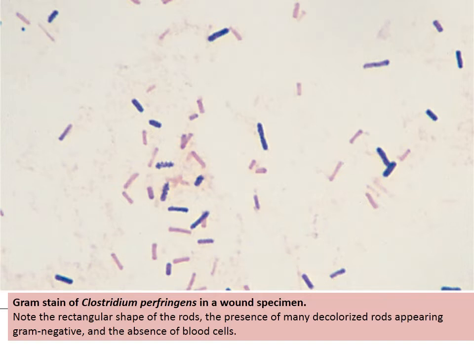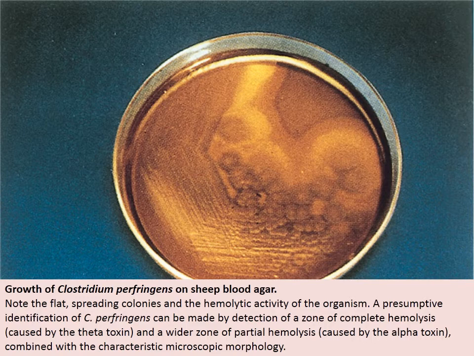So what do we do? We need to culture it. You can see over here we culture on sheep blood agar, and they get flat colonies, and these have hemolytic activities, based upon the zone of complete hemolysis. Complete hemolysis is beta hemolysis, if you remember, and that's because of the theta toxin that this bacteria has.